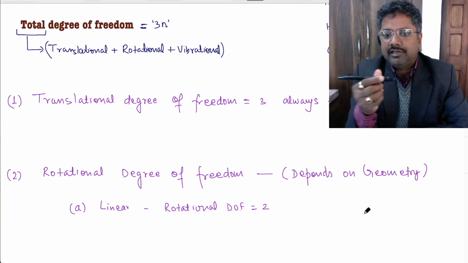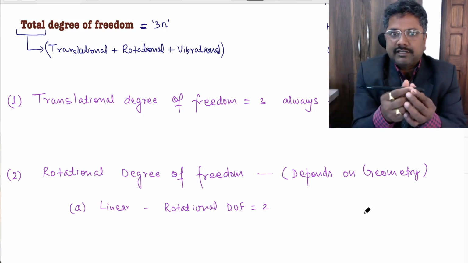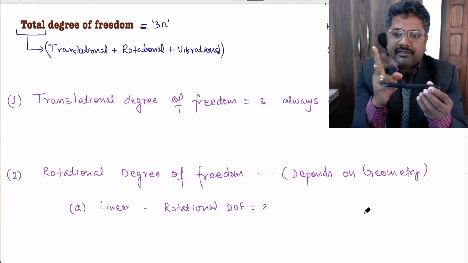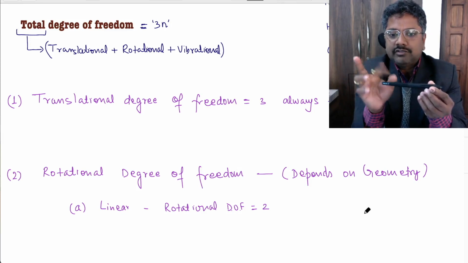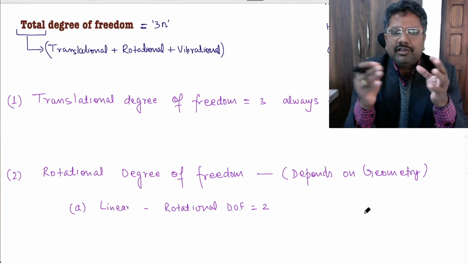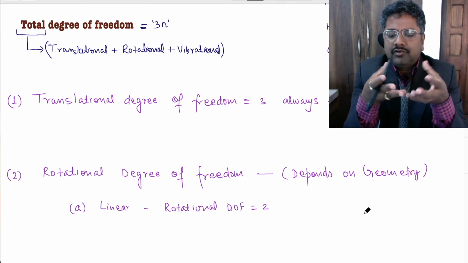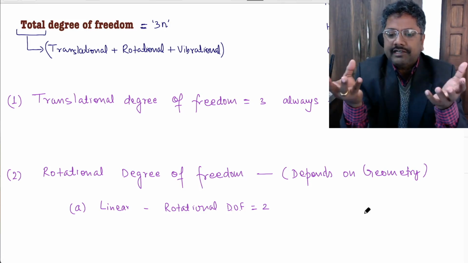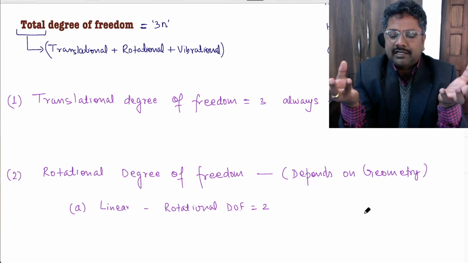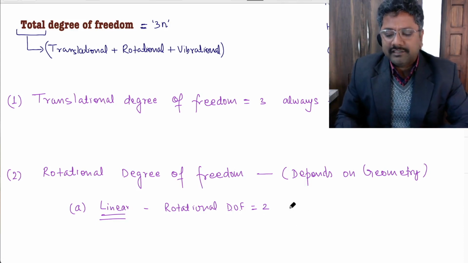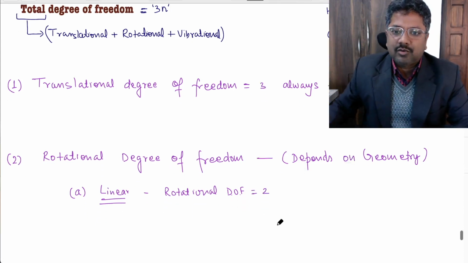So if a linear molecule lies, suppose, on the x-axis, about this axis it cannot be rotated, so two axes are left about which it can rotate. So the rotational degree of freedom is 2. Translational motion is the whole molecule shifting in the direction of the force, so all three axes are free for every kind of molecule to translate. But for linear molecules, only two axes are free to rotate.